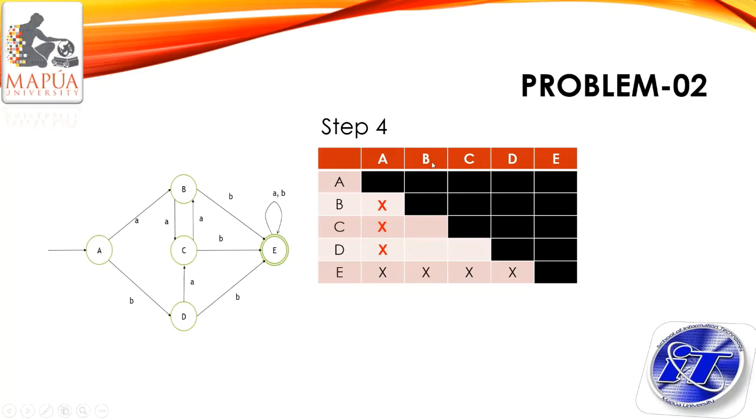So we have A and E. But for B, C, D, it will be merged. So this is BC, BD, and CD. We have 5 groups initially. But what can I say about BC, BD, and CD?